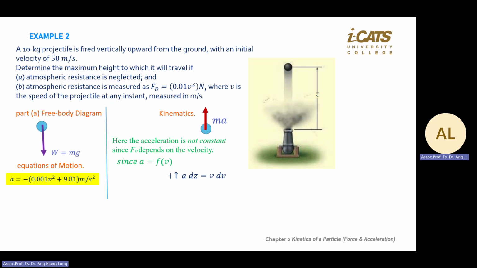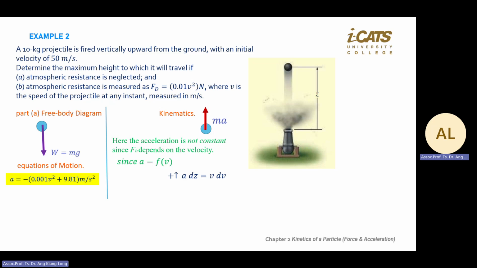Dt. Two are the same, so this side equal to this side. ds/v equal to dv/a, A to the left, v to the right. You arrive at a ds equal to v dv.